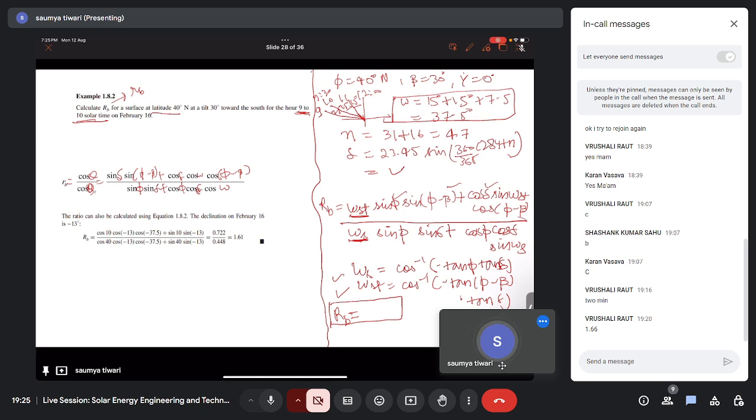So the declination angle will come around minus 13 degrees, and your parameter will be 1.61. The answer, the rb value, small rb, is 1.61. This is similar to what you have got, I think. Now you can understand where to use omega, where to use omega s, and how to calculate omega st. These are similar parameters, but their applications are different.